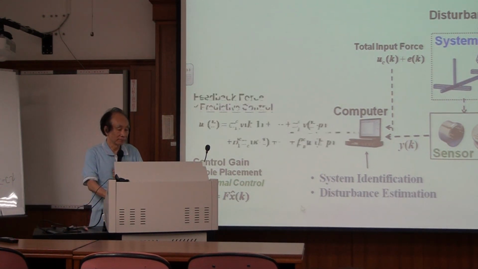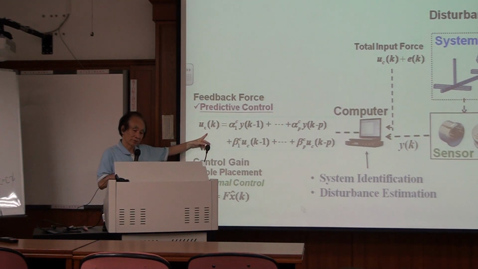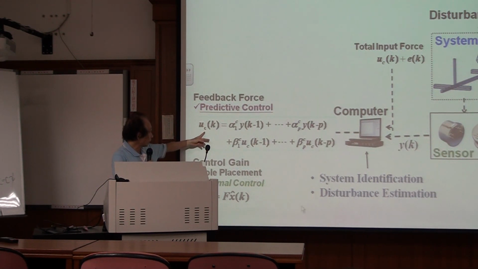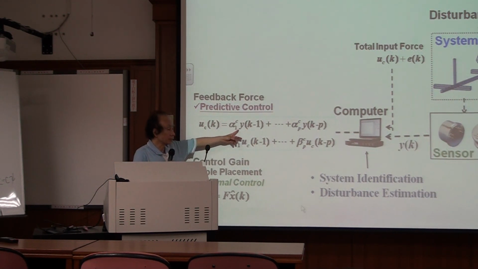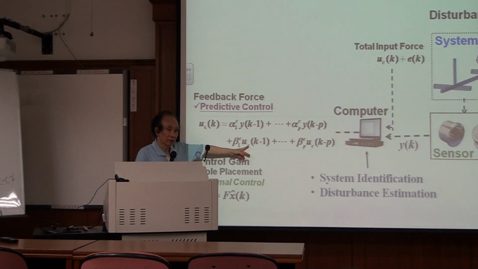Now today, our feedback will look like this. There's no x hat involved in it. What we have is our control based on the past output and the past input signal.